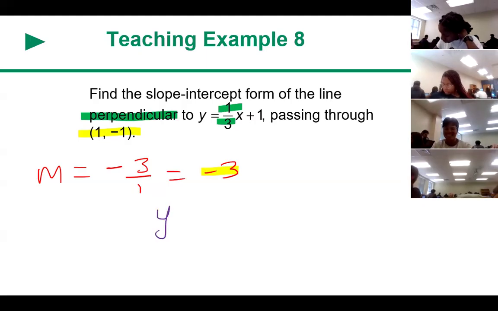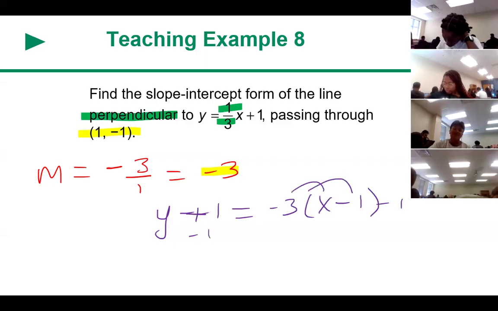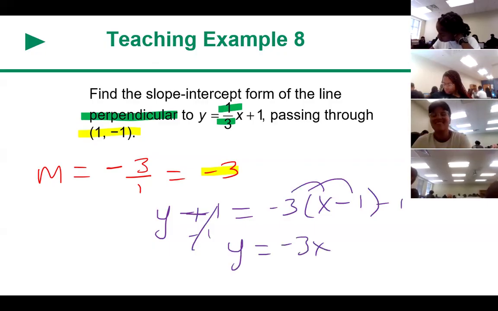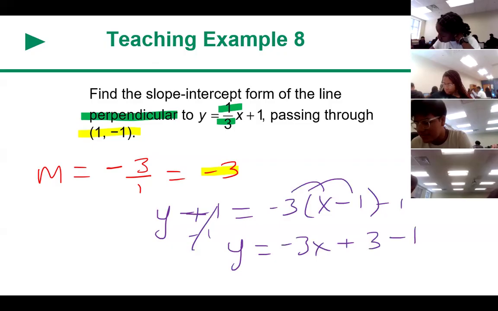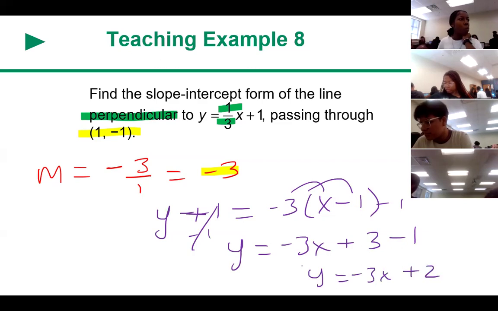So we're going to take y minus -1 equals -3 times x minus 1. Again, a negative times a negative makes a positive. We're going to isolate the y, distribute, and combine like terms. So we have y equals -3x plus 3 minus 1. So we get y equals -3x plus 2.